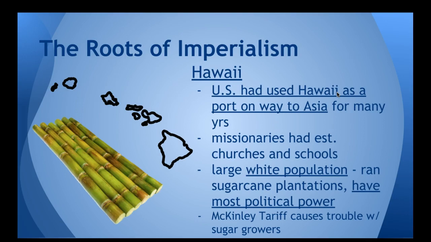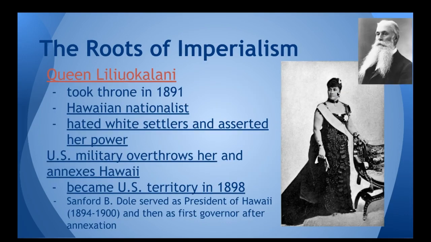So the white population begins thinking, how can we get around this tariff? Well, if Hawaii is not a foreign nation, then the tariff wouldn't apply. So there begins to be some rumblings about how can we acquire Hawaii.